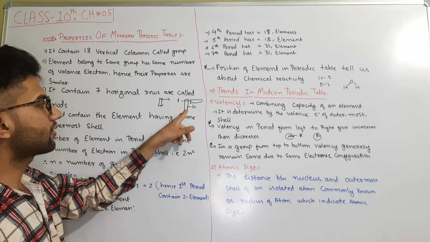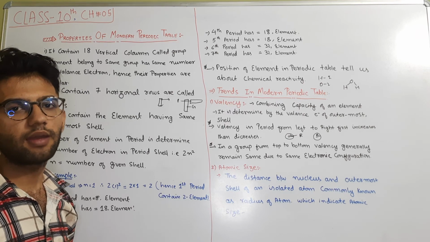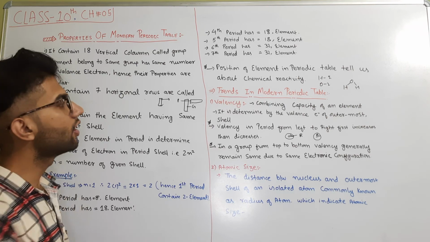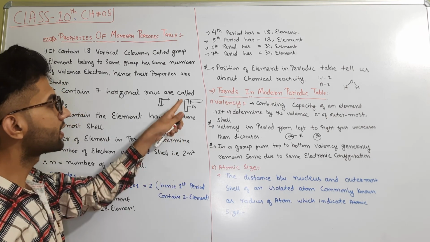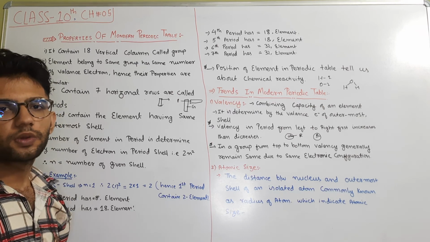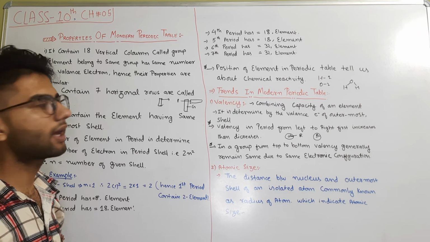What are the characteristics of a group? We have said that each group's elements have the same physical and chemical properties, approximately 80 to 90%. So the elements included in one group should possess the same physical and chemical properties. Why do they have the same properties?